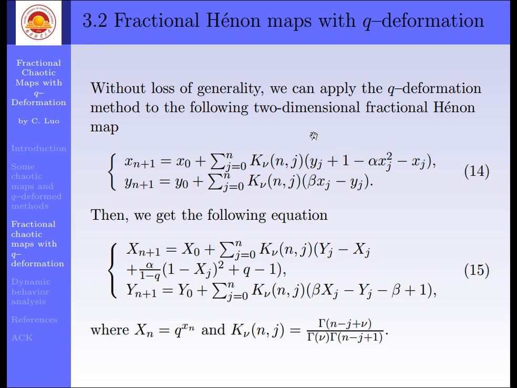That is, we deform the variables x and y on both sides of the equation at the same time, and then we get the following equation, where x_n is equal to q to the power of x_n, and k is a kernel function.